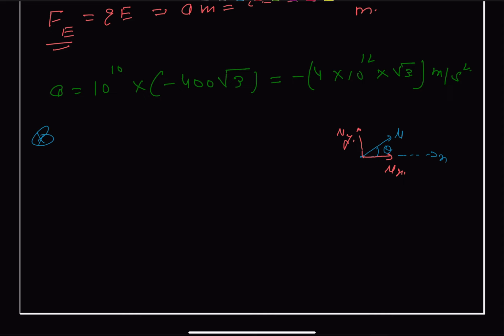We are given that initial velocity is at angle theta with x-axis.